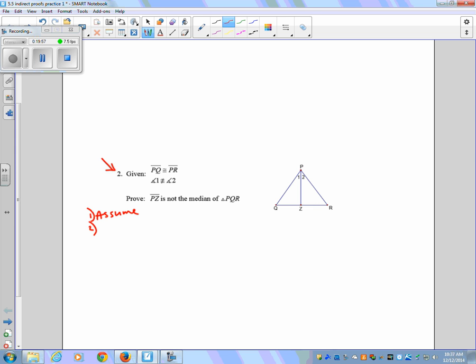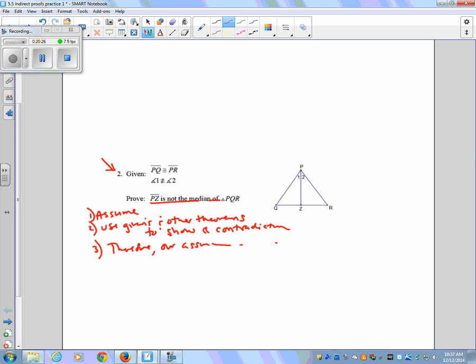Then use the givens and other theorems that you know to show a contradiction. And then you're going to say, therefore, our assumption must be false, and PZ is not the median. Okay, so see if you could prove that one on your own and bring it to class. Okay, thanks.